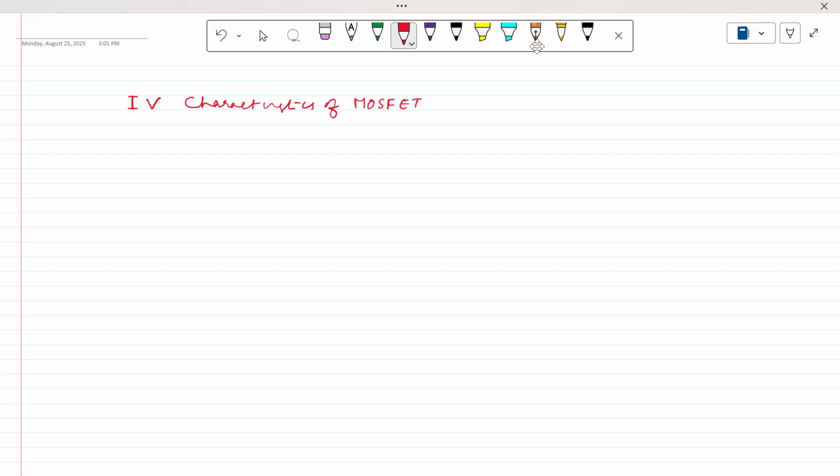So what is the structure of the MOSFET? First of all, we have to take the bulk.